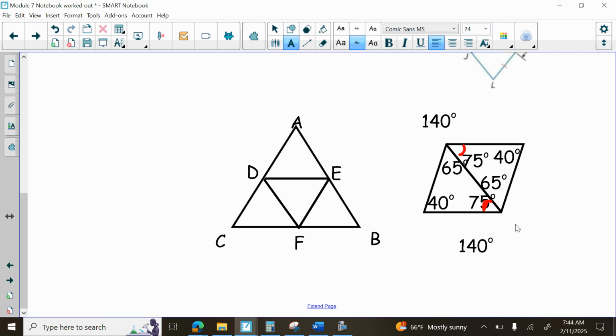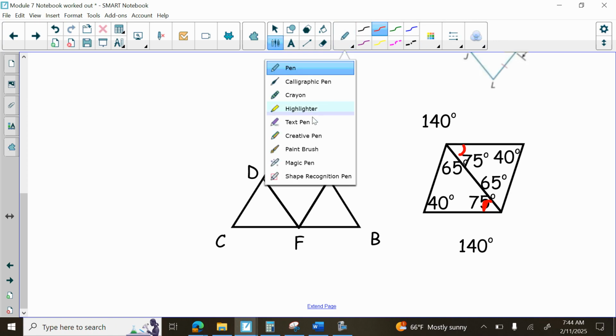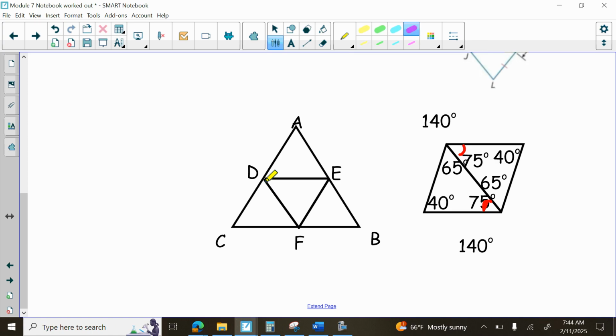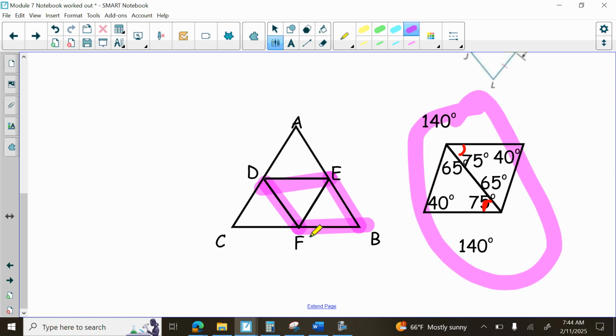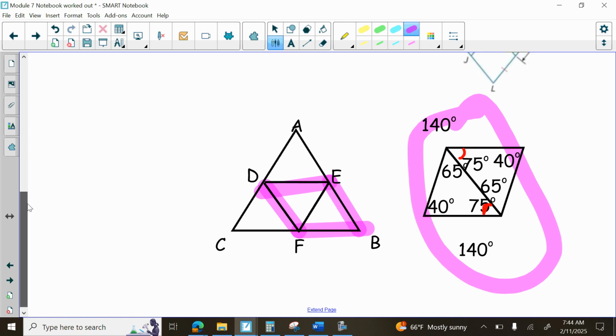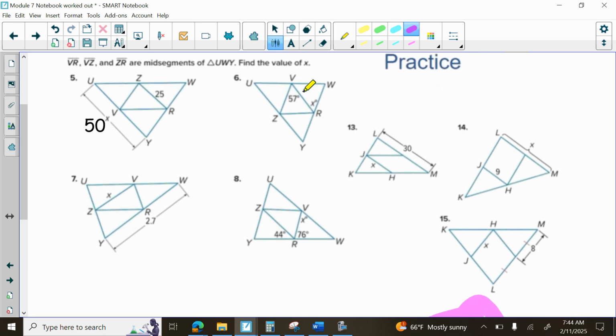Now, you might ask, how does that play into here? It plays because what shape is this? Parallelogram, right? And if they give you an angle, you can use these properties that we have here to figure out the missing angle. I'm going to do one in your example. Here, number 6, what's the measure of x?